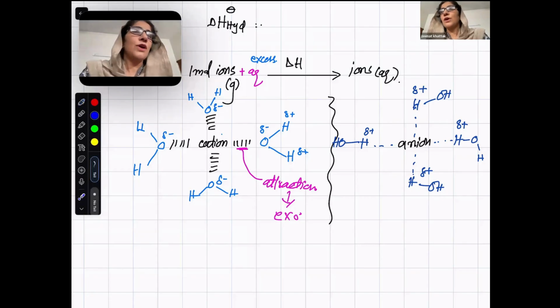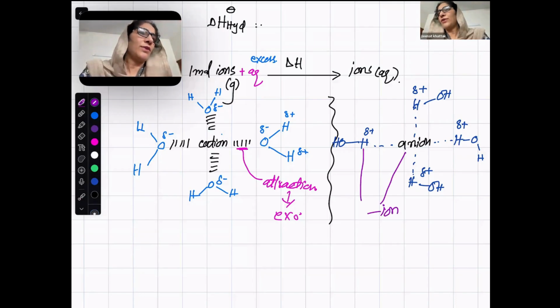This is, look, ion dipole interaction. See? Ion dipole interaction, attractive forces.